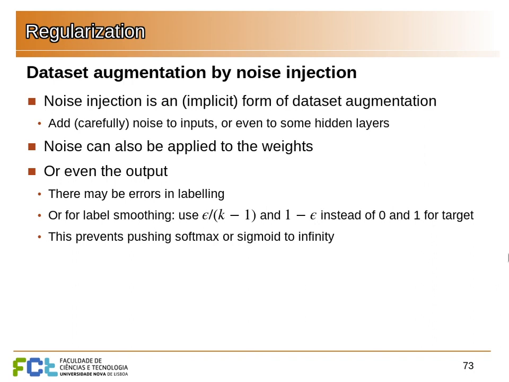So for example, in a binary classification, on your target values, you can put 10% instead of 0 and 90% instead of 1, because you're not really sure of the class labels, and the network will try not to go to those extremes and be a bit more conservative in the predictions.